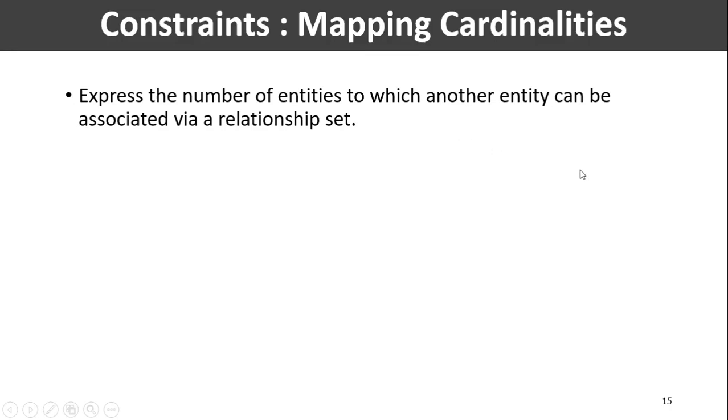So in our running example, we are having university schema, and in university schema we are considering the instructor entity set, the student entity set, and the advisor is the relationship set between these two entity sets. So considering this example, let me explain you what we mean by the mapping cardinality. As we stated, it is the number of entities to which another entity can be associated via a relationship set.